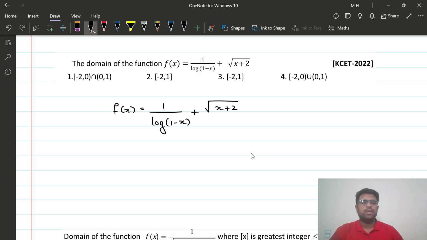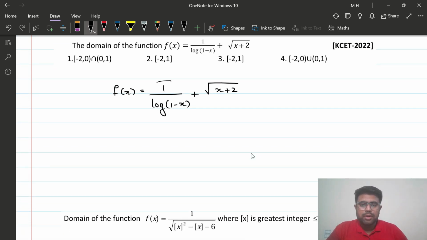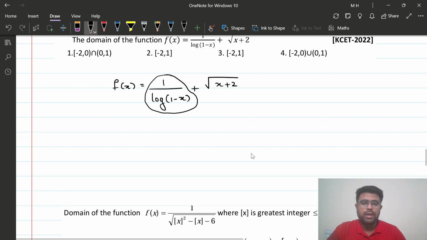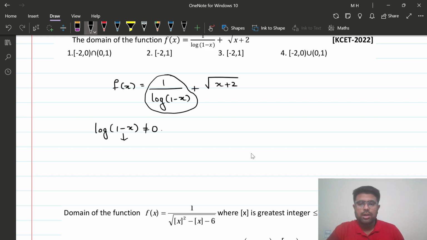For this one to be defined, the denominator should not be equal to 0, first case. So log of 1 minus x should not be equal to 0. When will log be 0? When this is equal to 1, since log 1 is 0. So 1 minus x cannot be equal to 1, which implies x cannot be 0. That is the first condition that I got.